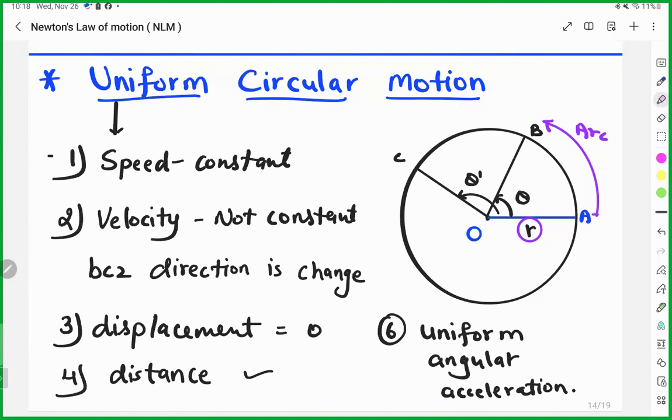So there should be a perfect speed of the car so it keeps going smoothly. And that's why understanding banking of road is important.